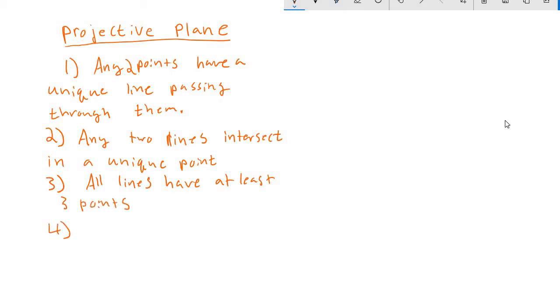And number 4 says there's at least 4 points in general where no 3 are collinear. So remember, all that means is that it should be the case that any 3 of these 4 points that we can find shouldn't all lie on the same line.